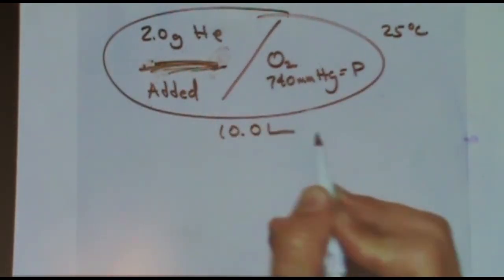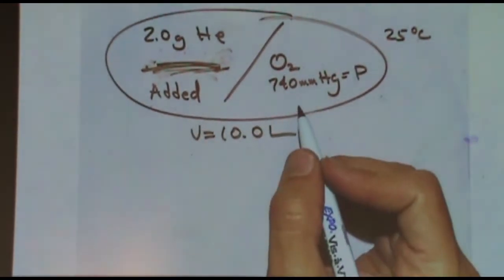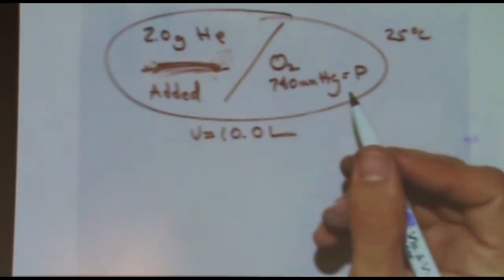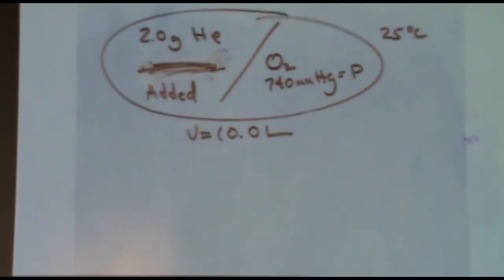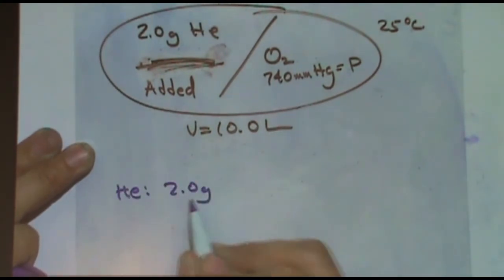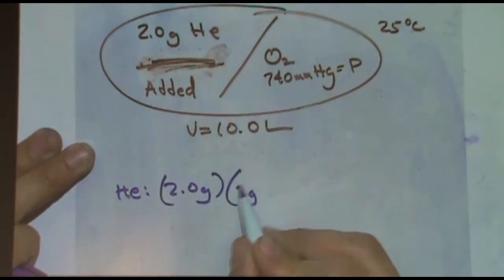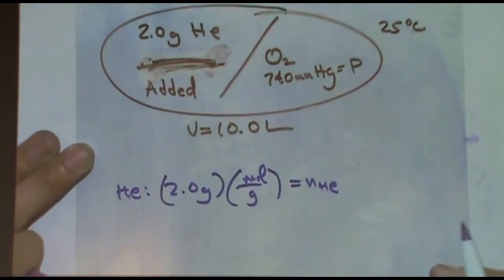So the 2 grams of helium is added to this pre-existing container of oxygen. What would I do? With Dalton's law, I always do moles first. If you remember, you convert to moles. So, for helium, that's just going to be 2 grams, and then you use the molar mass from the periodic table to get the moles. This will be the moles of helium.